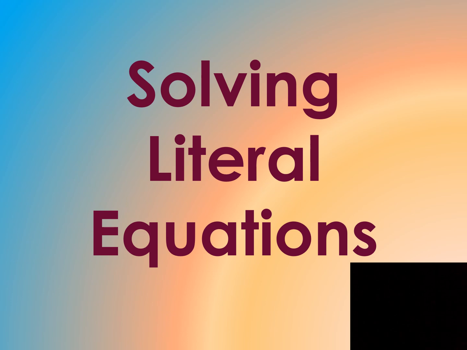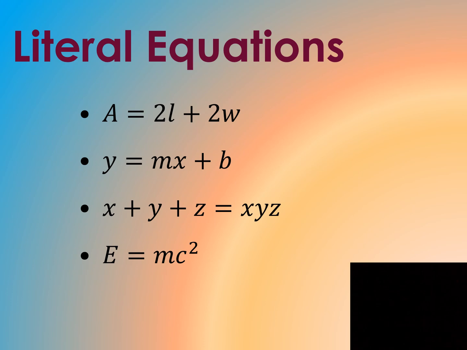Next, we solve literal equations. Literal equations express relationships among variables. We have these examples of literal equations. The formula for the perimeter of a rectangle, P is equal to 2L plus 2W. Another, y is equal to mx plus b, x plus y plus z is equal to xyz, and E is equal to mc squared.